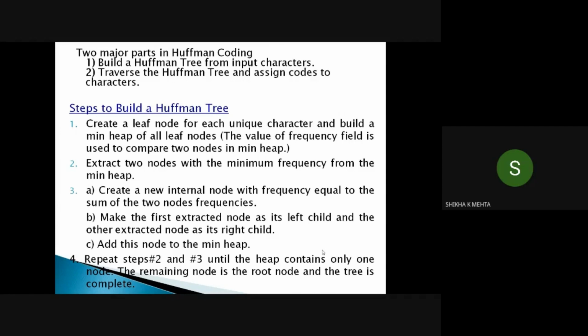This may be considered a drawback, limitation, or requirement of Huffman coding: whatever Huffman coding procedure you have followed, you have to send that table, or the mechanism to decode that technique, to the receiver also.